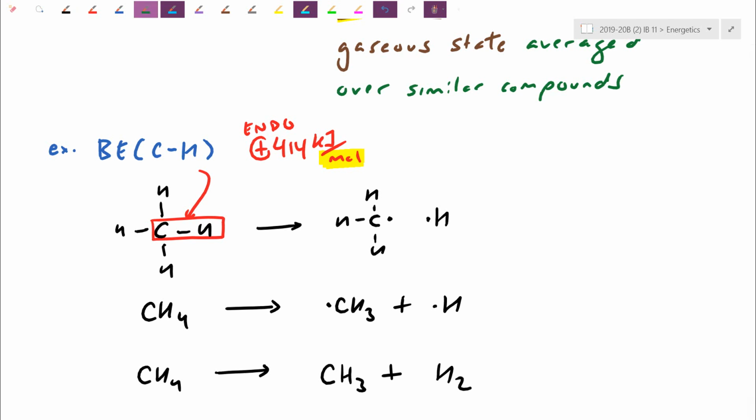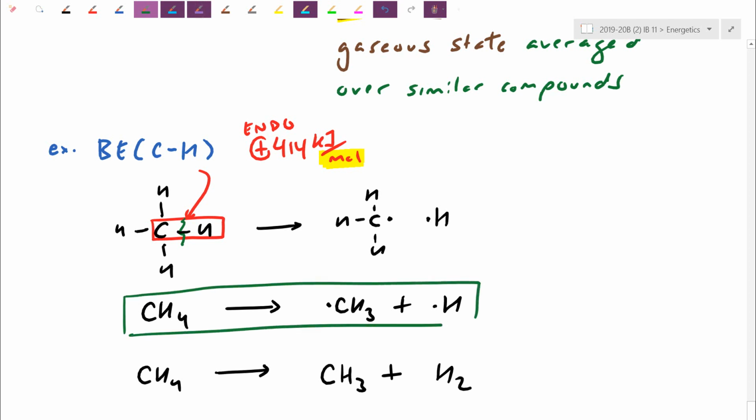If I could just find the delta H of these reactions as written, which one would be equivalent to doing bond enthalpy? When I do bond enthalpy, all I've done is basically rip apart C and H. When I rip apart C and H, sure, I end up with two radicals, they're super unstable. This one actually corresponds to the bond enthalpy.